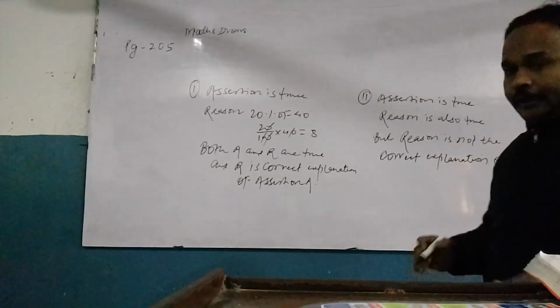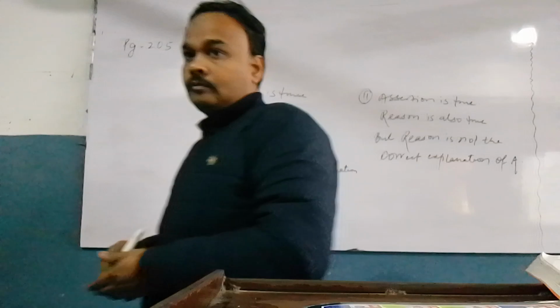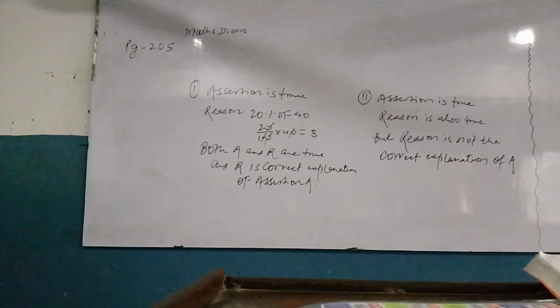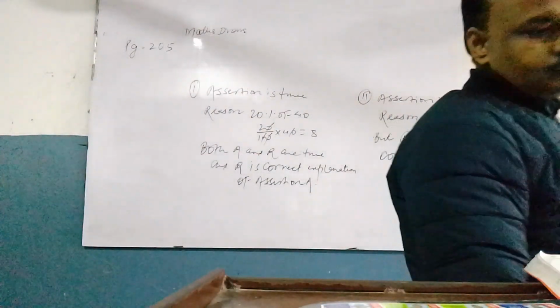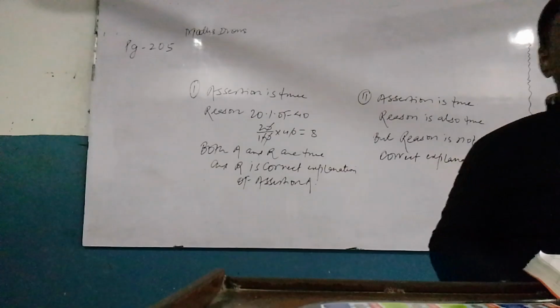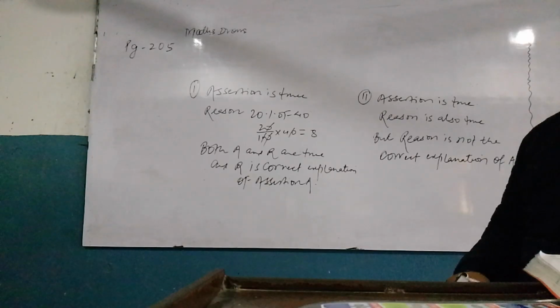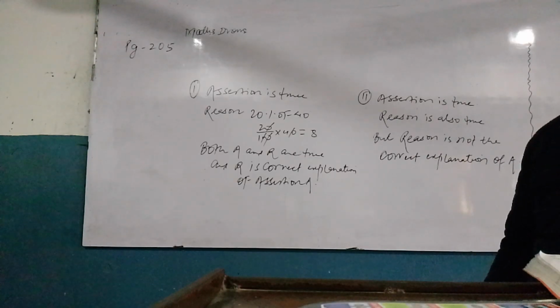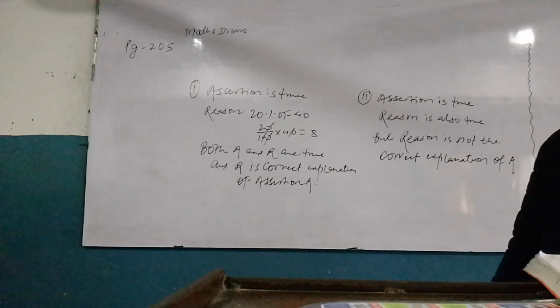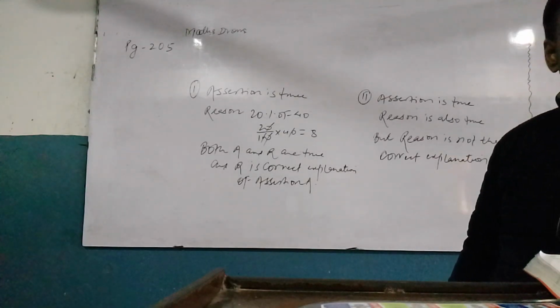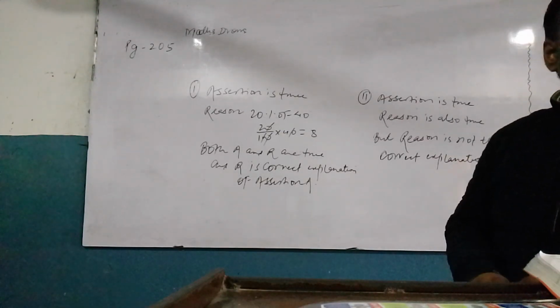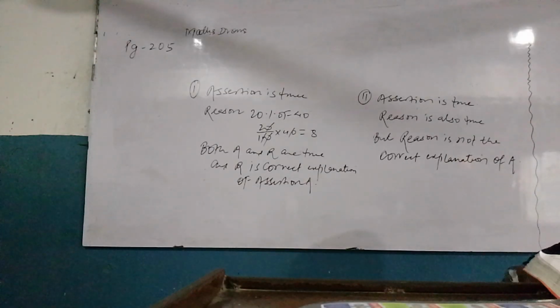Now see question number 3. Assertion is when the cost price is higher than the selling price in a transaction, we lose money. Okay, it is true. Assertion is true. And the reason is loss is equal to CP minus SP.